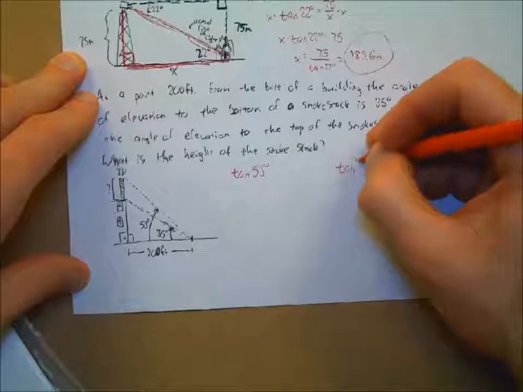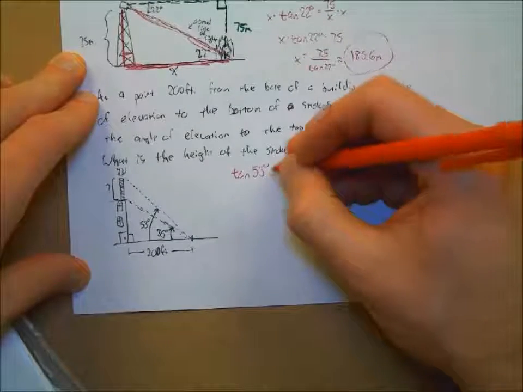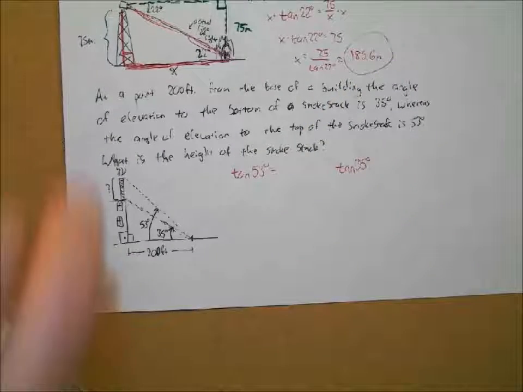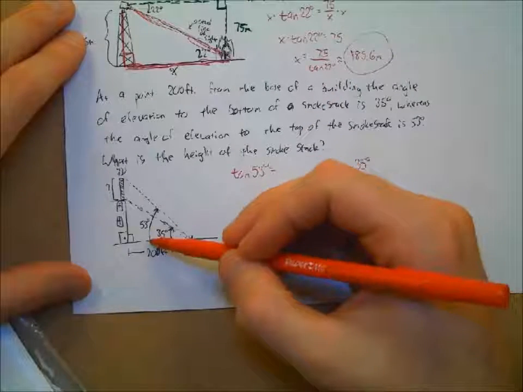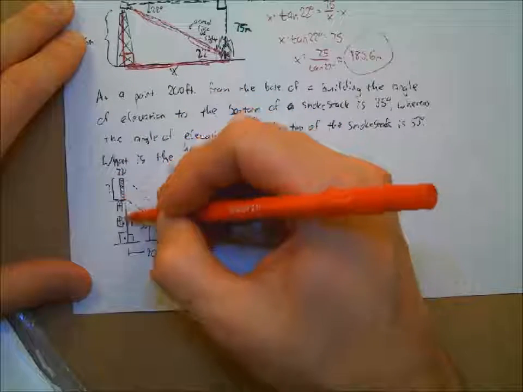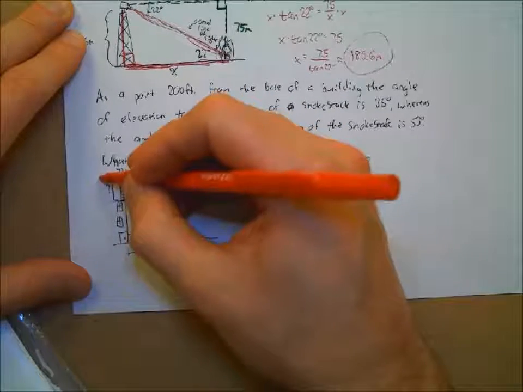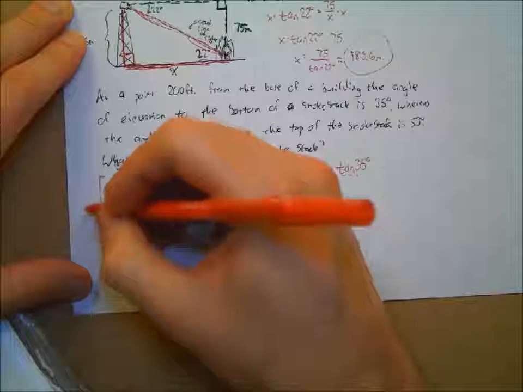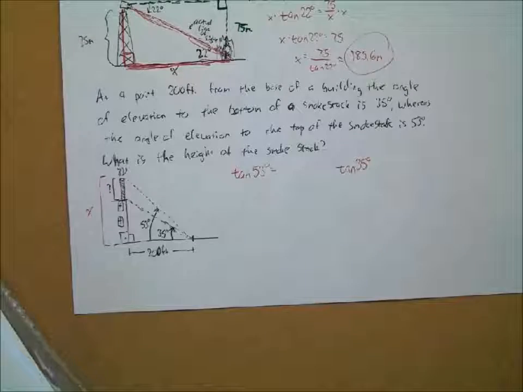Okay. So the tangent of 53, we're going to have to label some things here, right? The tangent of 53, that's going to be this full leg right here. So let's call that x maybe. So what will that ratio be then? Tangent of 53 will be equal to what over what then, Madison?